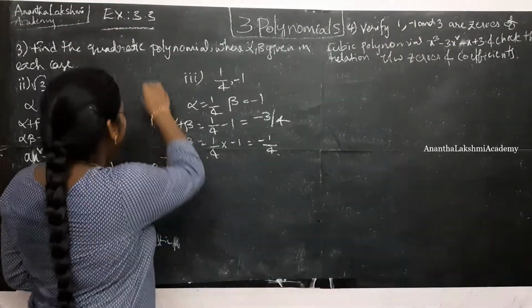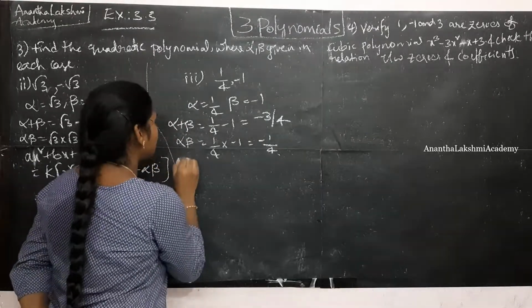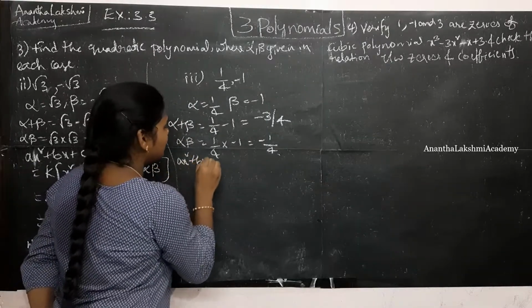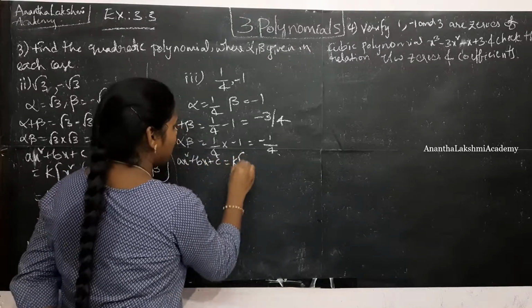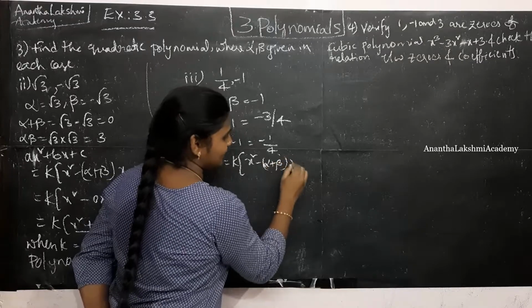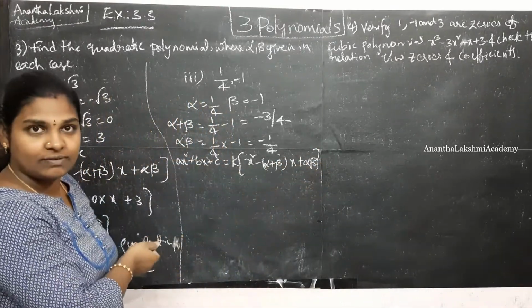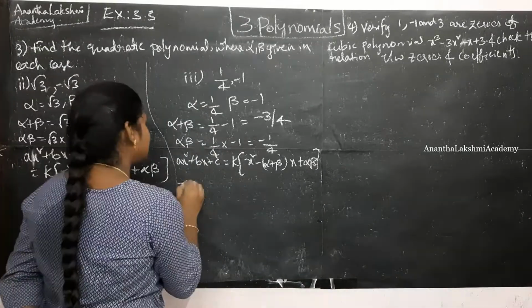Now let us substitute in the equation, quadratic equation. How did we get it? Ax square plus bx plus c is equal to k into x square minus alpha plus beta into x plus alpha beta. Now that you know the values of alpha plus beta and alpha beta, let's substitute them.